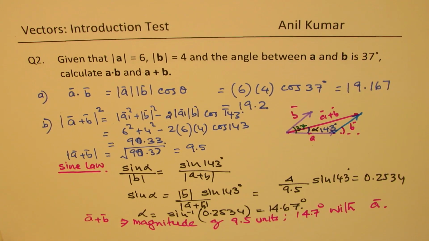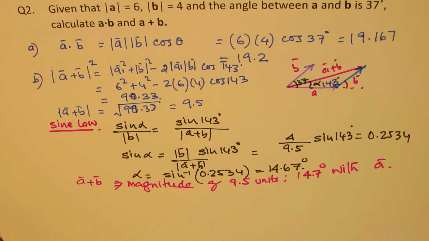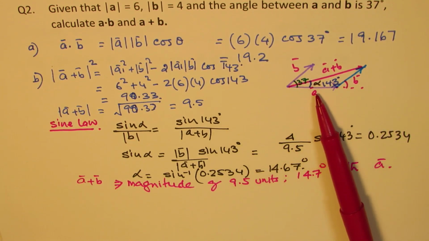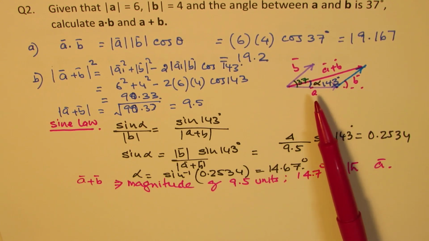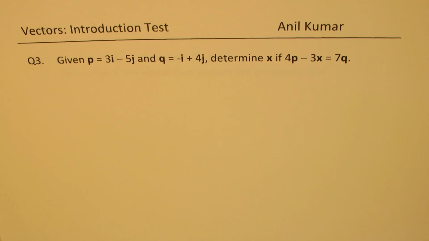I hope the steps are clear. Very important to understand is that when you want to find the sum, you should calculate both magnitude and direction. Direction can be given with reference to any one of those two vectors. Clear? Now here is question number 3. I'd like you to pause the video, answer it, and then look into my suggestions.